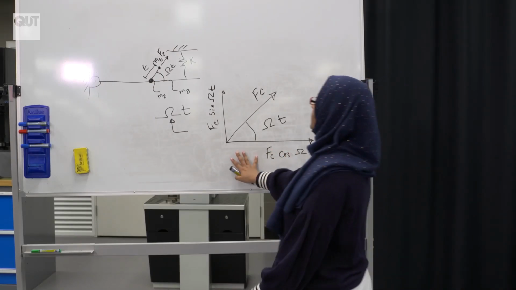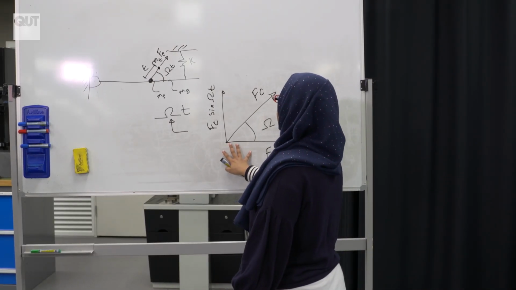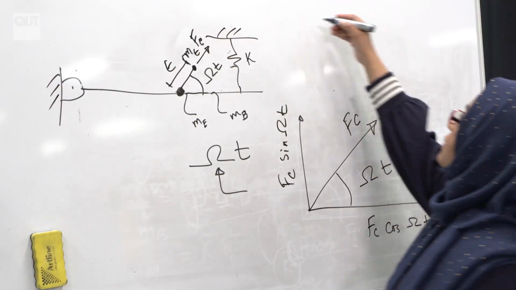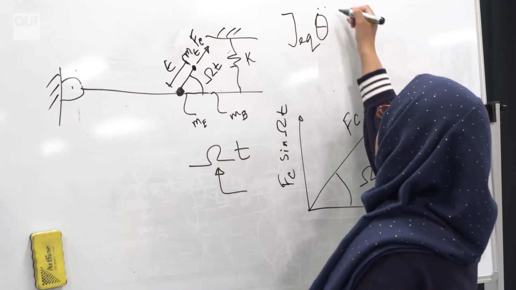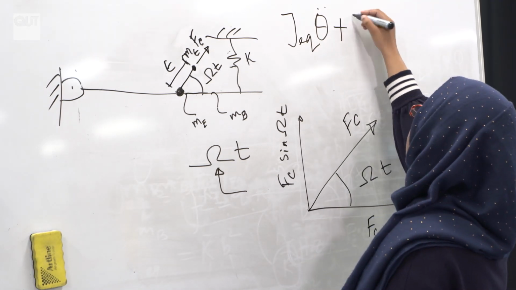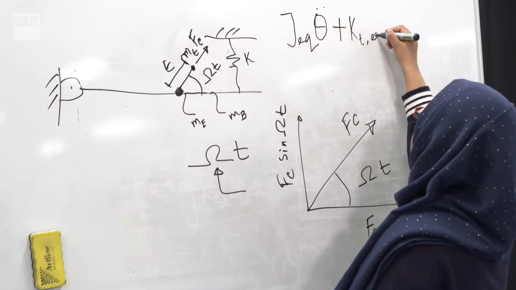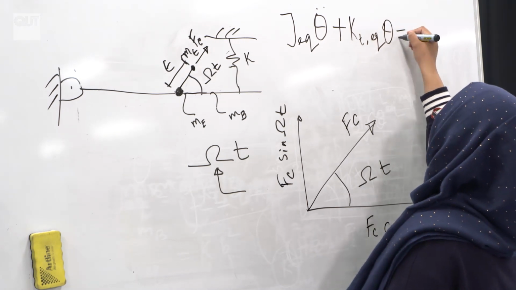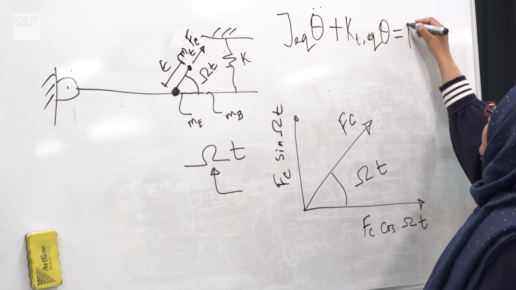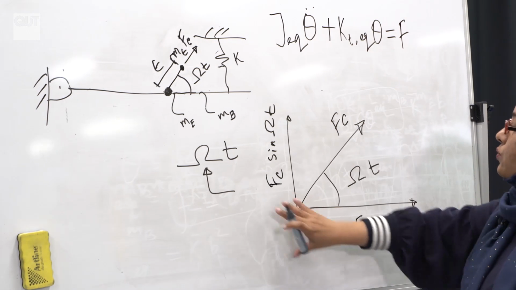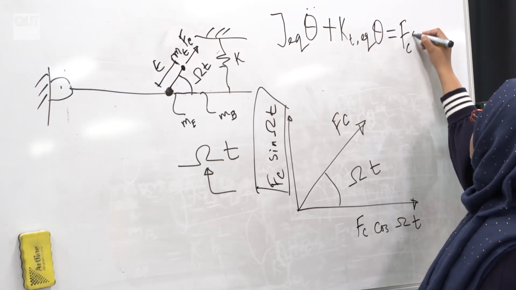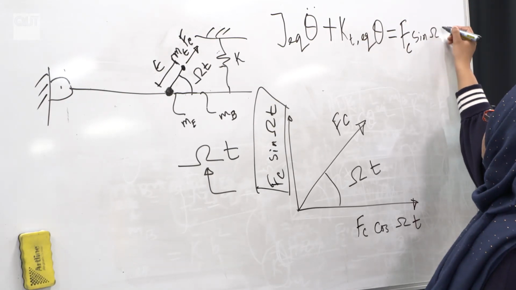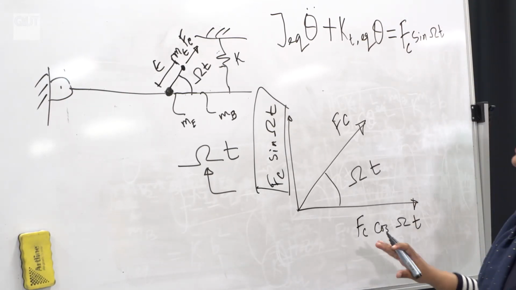Now, to write down the general governing equation of this system, we can write J equivalent theta double dot, which is acceleration, plus kt equivalent theta, equal to the force that is acting on this system, which is Fc sin omega t times the distance.